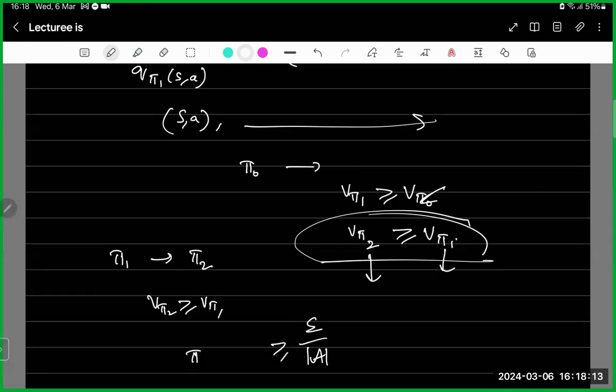Pi of a given s for any action should be at least epsilon by k, let's say k actions are there. Then we call it a policy which explores at least with probability epsilon.